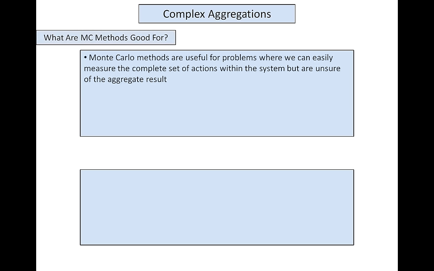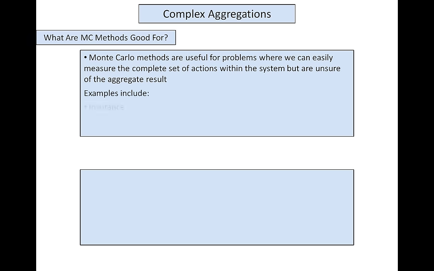All right. Now we're going to get a bit more into complex aggregations and what I'm really referring to when I'm talking about that and how it works with Monte Carlo methods. In reference to what are these things good for? Monte Carlo methods are really useful for problems where we can easily measure the complete set of actions within the system, but we're really not sure about how those actions aggregate in the end.